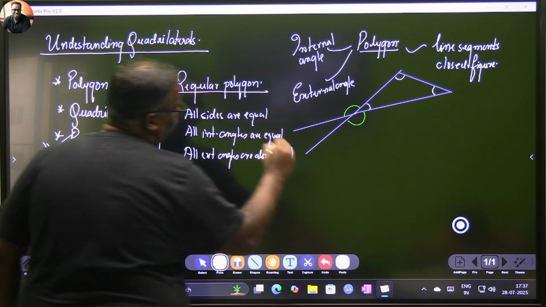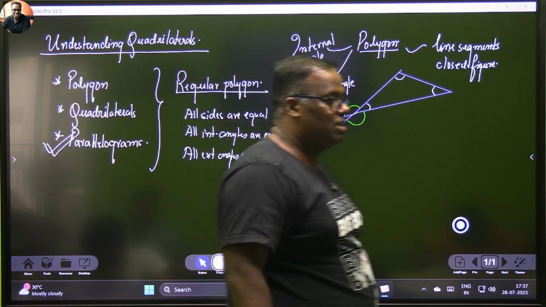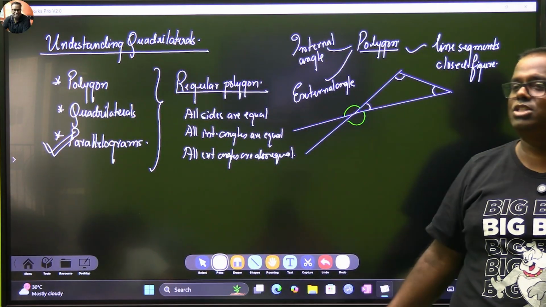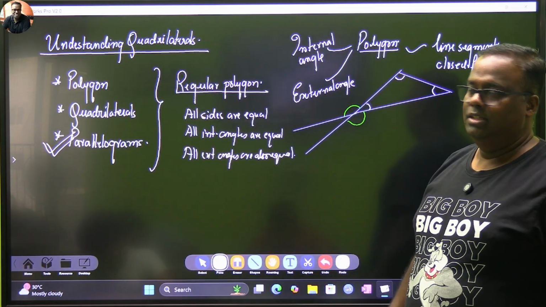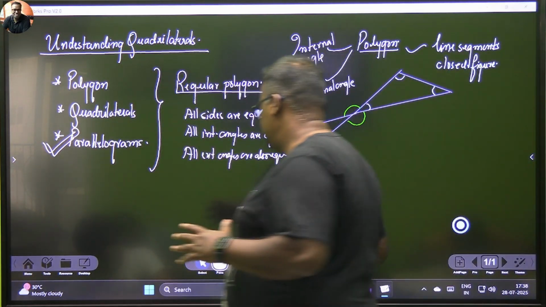The easiest regular polygon is an equilateral triangle, all 3 sides equal. Then all angles are how much? 60 degree.